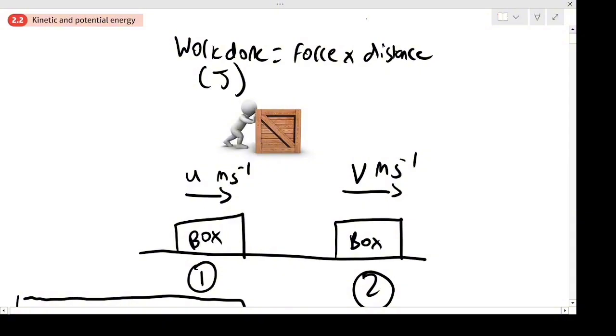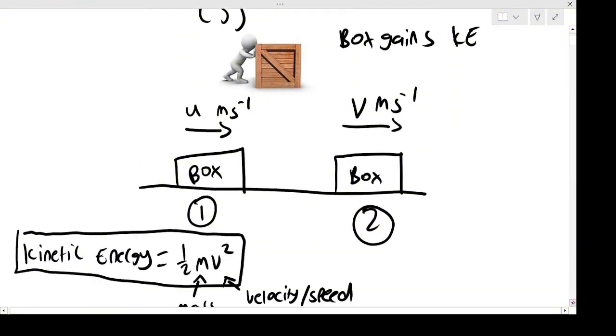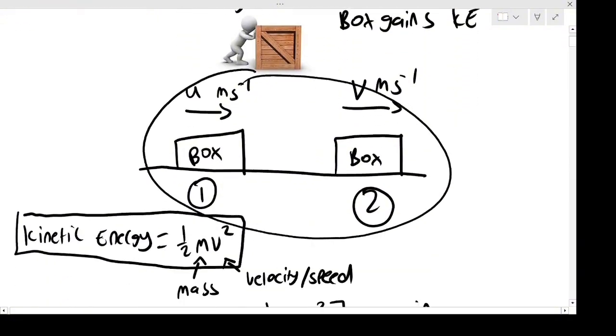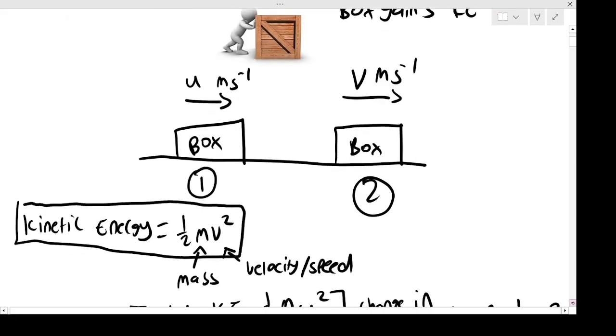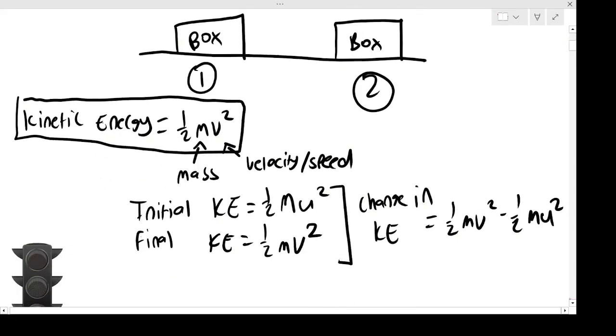And specifically, because the box is moving forward, it gains kinetic energy as the person pushes the box forward. What that means, with the example I've just done here, is that this change in kinetic energy that the box is gaining is a result of the work done to move it forward.